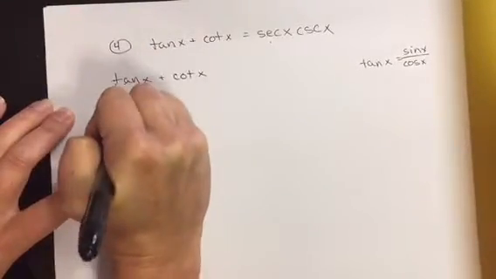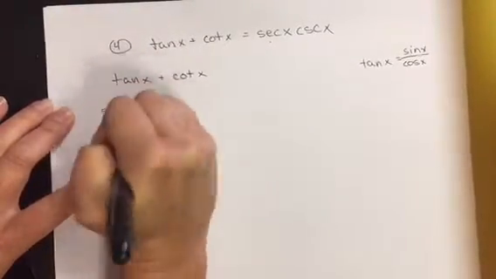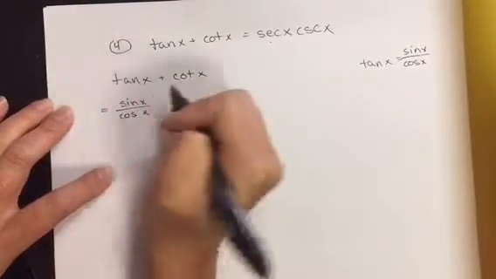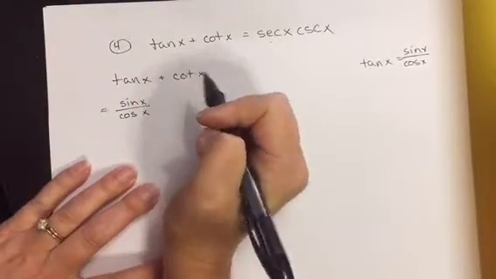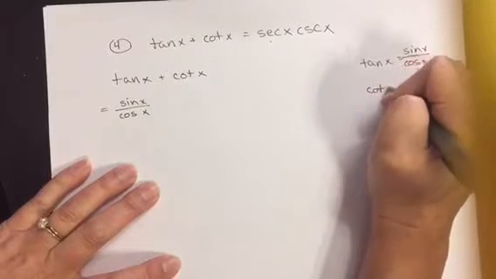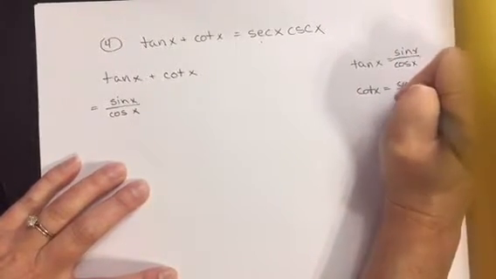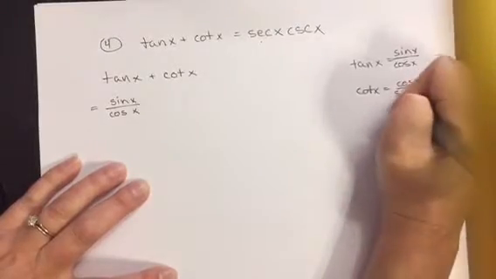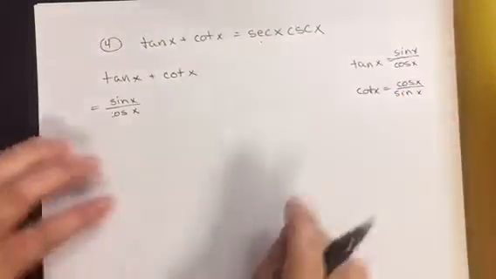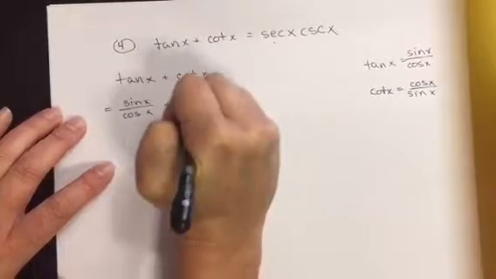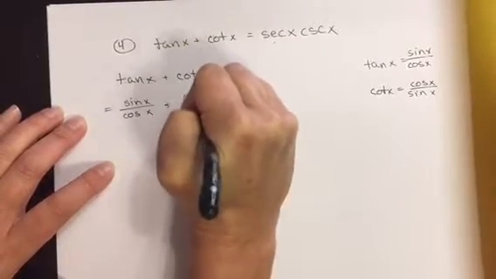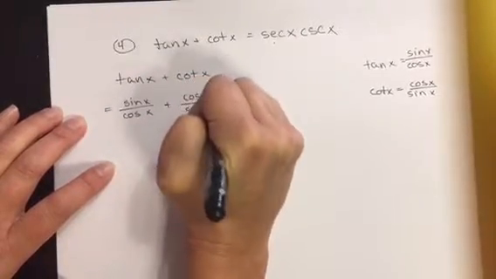So this is going to equal sine x over cosine x. Okay, and then cotangent, again using your quotient identities, is cosine x over sine x. So plus cosine x over sine x.